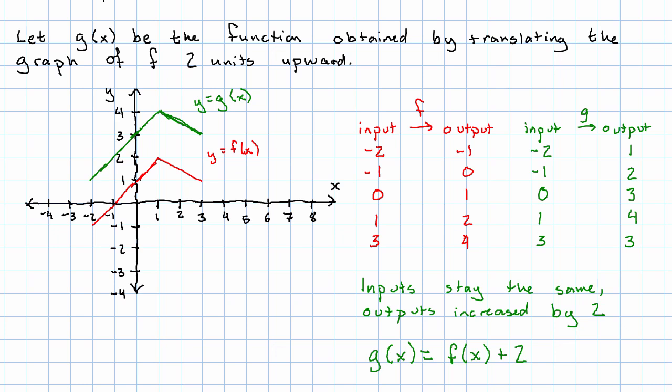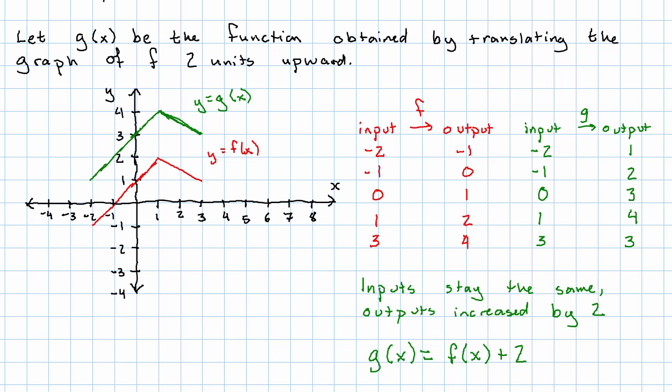That makes sense, right? We're leaving the x values alone, and we're increasing all of the y values by 2. There's nothing special about 2 here. If we'd gone up by 3, we would have added 3. If we wanted to go down, we would just subtract instead.